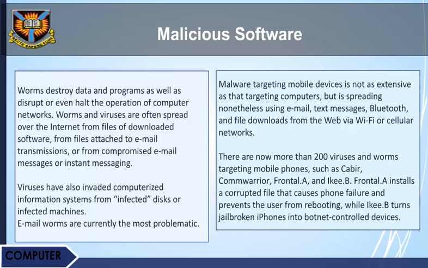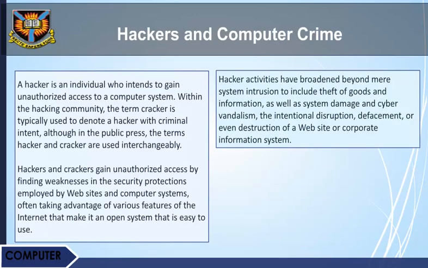There are now more than 200 viruses and worms targeting mobile phones, such as Cabir, ComWarrior, Frontal A, and IKB. Frontal A installs a corrupted file that causes phone failure and prevents the user from rebooting, while IKB turns jailbroken iPhones into botnet-controlled devices. Hackers and computer crime.